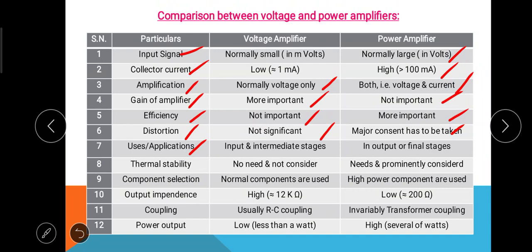If we talk about uses and applications of these amplifiers, then voltage amplifiers are used in input and intermediate stages of the circuit. But power amplifiers are used in output or final stages of the circuit. Next, the eighth particular is thermal stability.